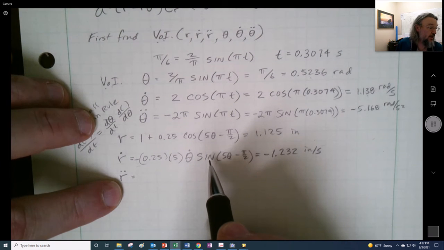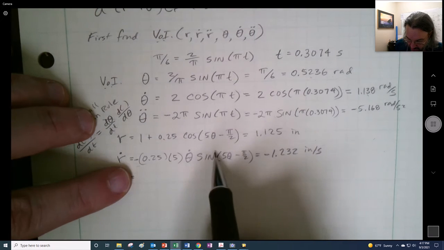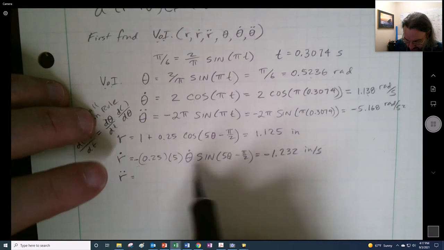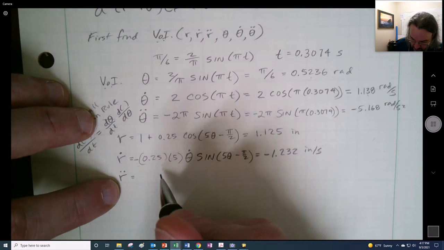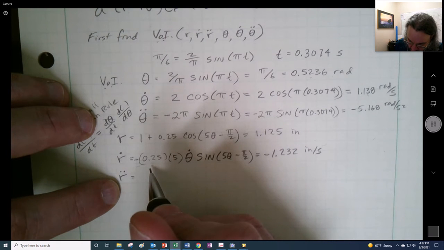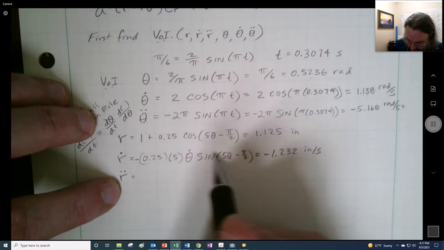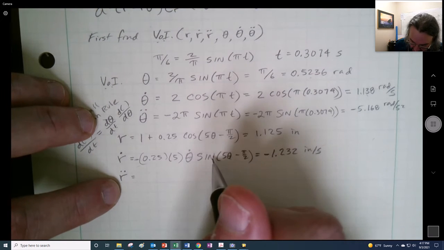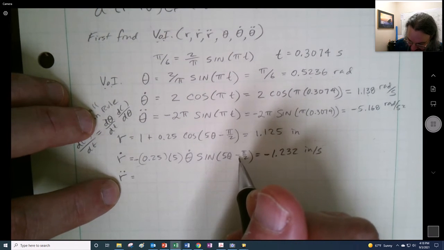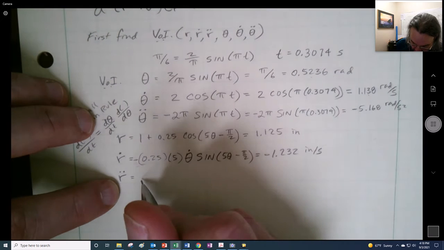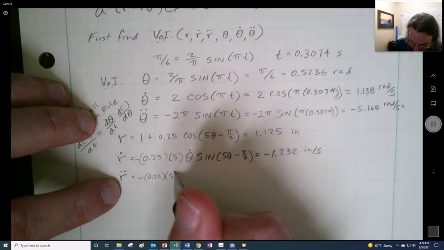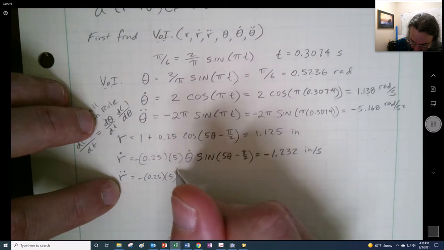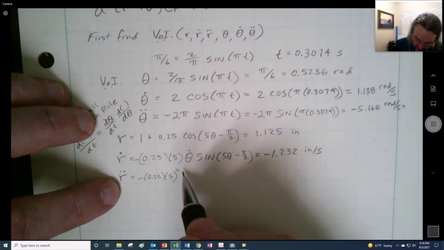I'm not sure which one I wrote out first. I think I did this one first, but maybe it would make more sense, and I didn't bother figuring out what that number is. I just left it for the ride. If I do this one first, the derivative of the sine is the cosine, so it's still going to be negative 0.255 squared, because that 5 is going to come out again.